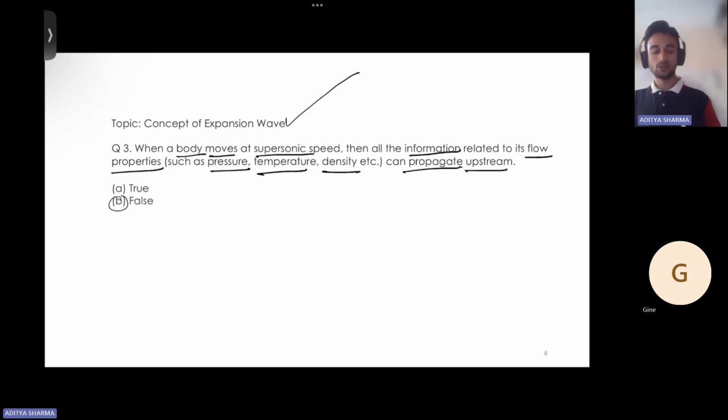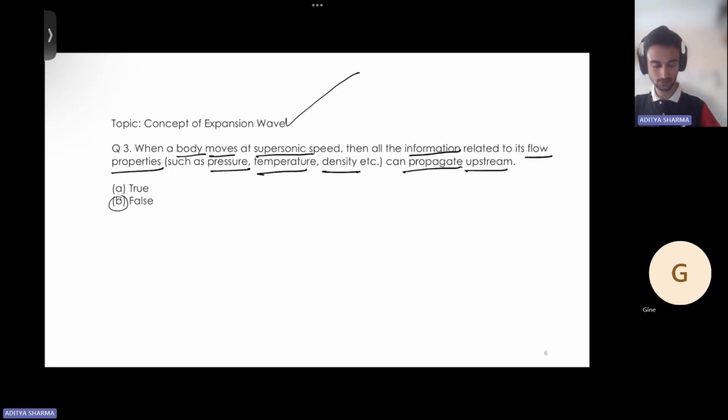Okay. So this particular concept we discussed in normal shocks also, but here also we will discuss this, because it's a pretty important topic from the perspective of the fundamentals of compressible flow.